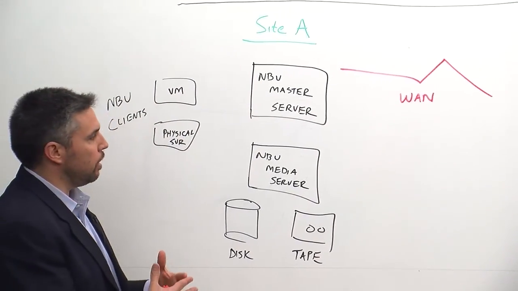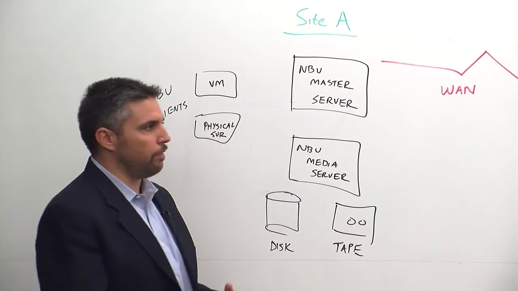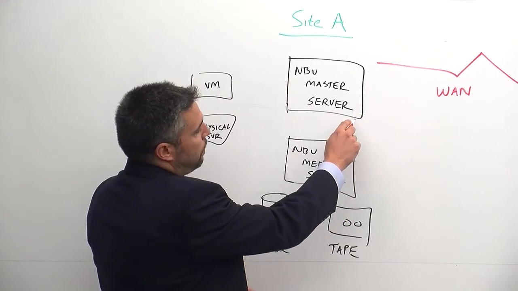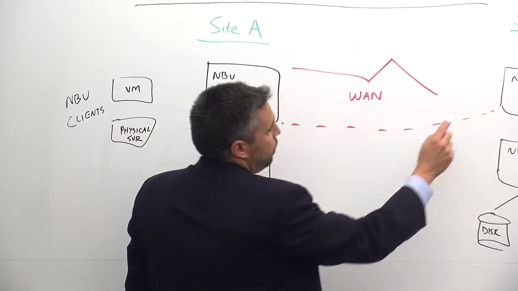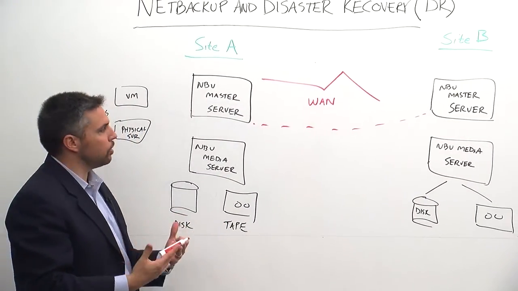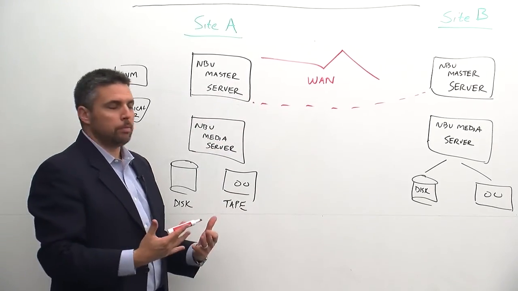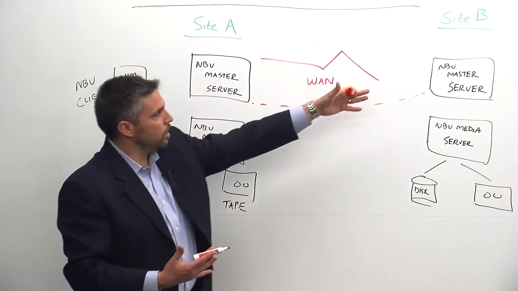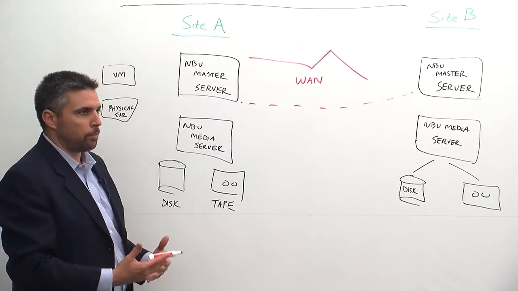So NetBackup, there's a couple different capabilities that we have. First one I'll talk about is what's called AIR, Auto Image Replication. From the master server, leveraging our storage lifecycle policies, we can actually replicate the backup images from one NetBackup domain, or one site, to a secondary site, and that's called auto image replication.